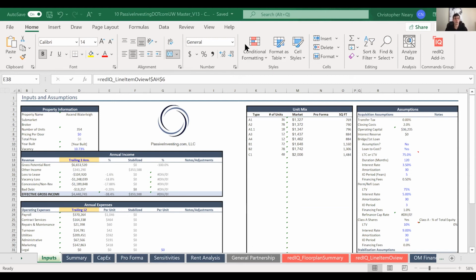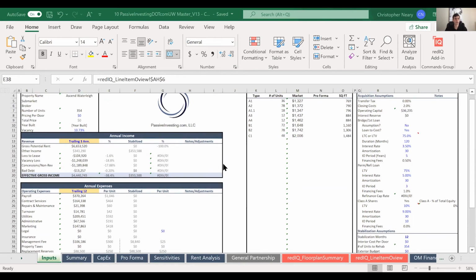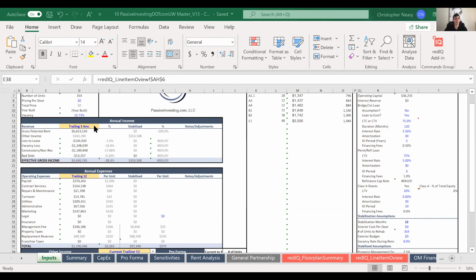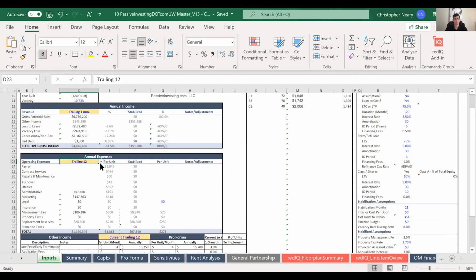If we go to a trailing 1, you're able to see a more accurate picture of what takeover might look like, where the concessions are actually trending now, as opposed to where they were when they were first leasing up. It's a really dynamic way of looking at the data that will help you make a decision, as opposed to just looking at data to look at data. It helps you narrow down and build your pro forma based on how the property is actually performing.